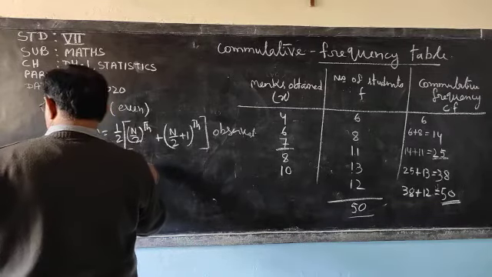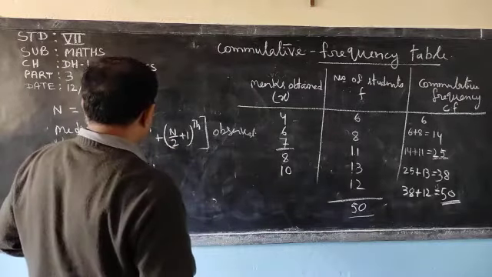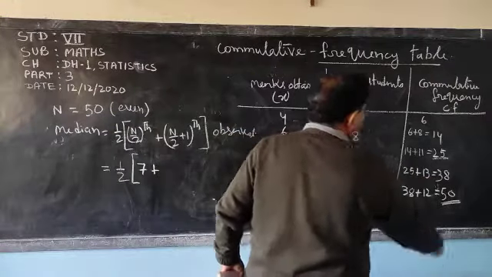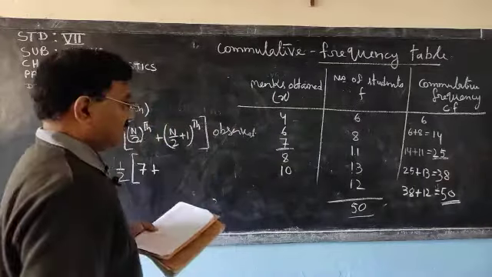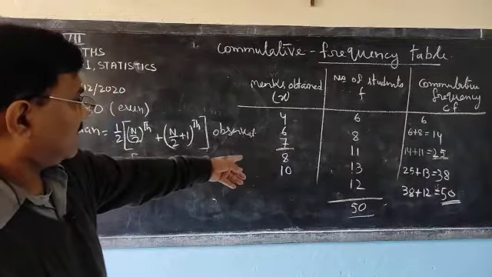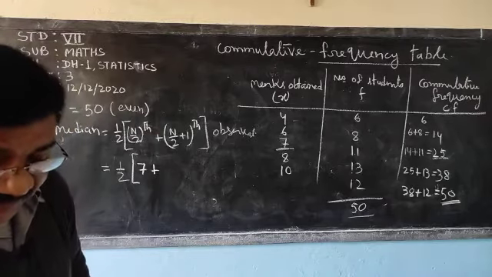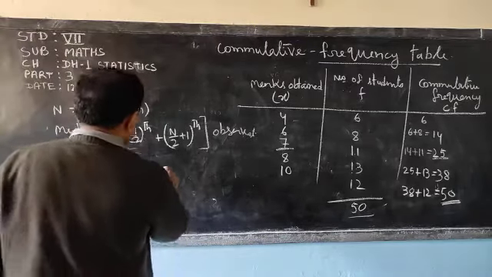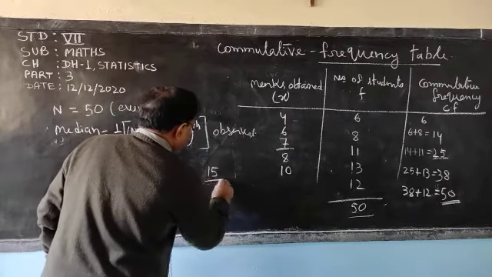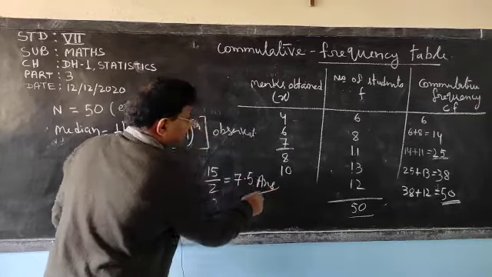Very clear or not? And plus the 26th observation. What is the 26th observation? 26 to 38 is 8. So 7 plus 8, it means 15 by 2 is equal to 7.5, and this is the answer.